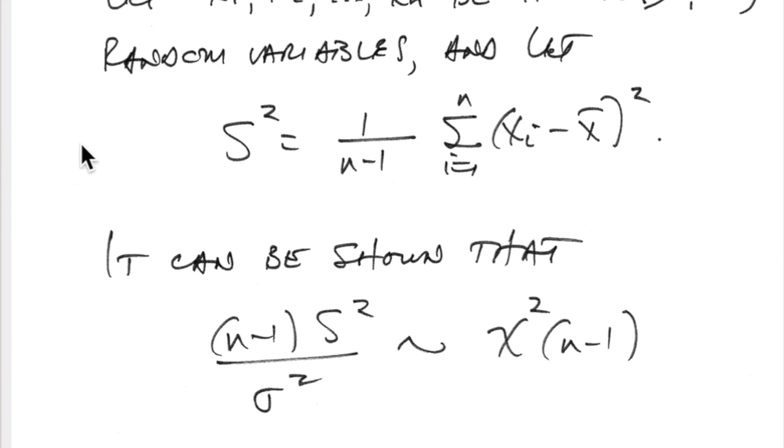So let's suppose that we have a random sample from a normal distribution with mean mu and variance sigma squared. So x1 through xn are independent and identically distributed, or IID. And let s squared be the usual sample variance that we learned about in our first methods class, the version with n minus 1 in the denominator.